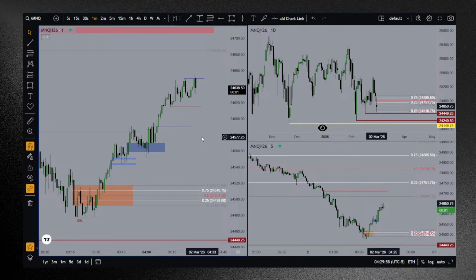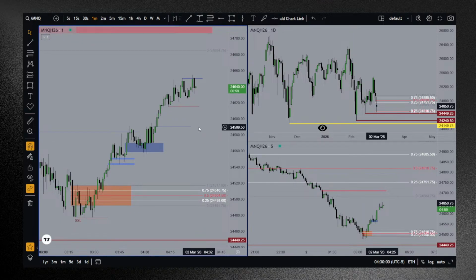So yeah, again, let's recap it at the moment. So what is the situation right now? How I see it: the higher time frame daily bias, I suspect, is lower, and I suspect we will be drawing towards this yellow line with the eyeball. So my higher time frame daily bias is bearish at the time.